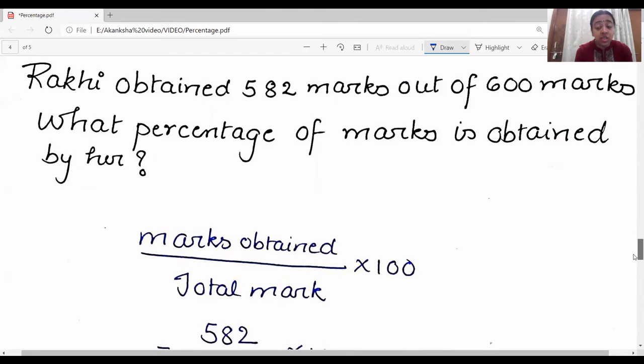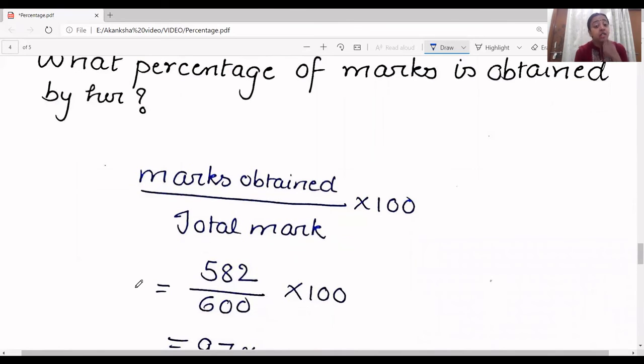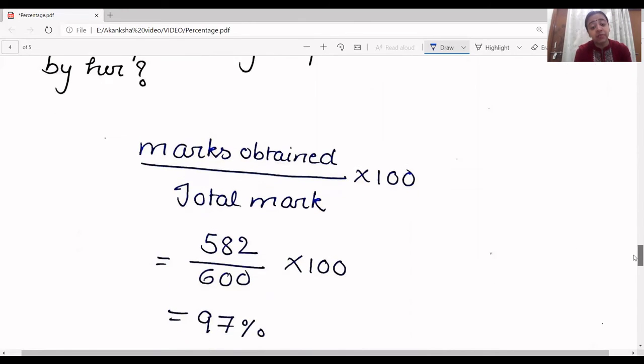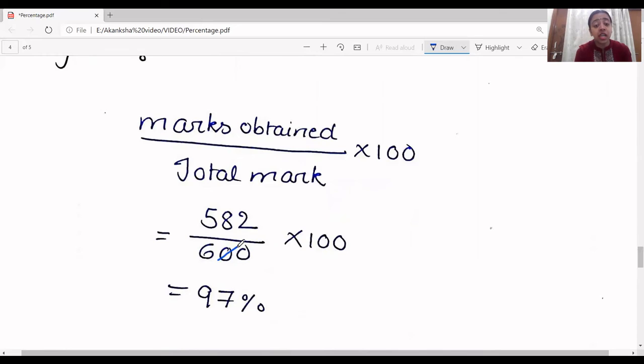So 582 is what Rakhi has got. The total marks, when you total all the subjects and their marks, you get 600. So 582 upon 600 into 100. This is what I'm supposed to calculate. And what will I do? I will first cancel the 0 terms with the terms above. So this is cancelled.